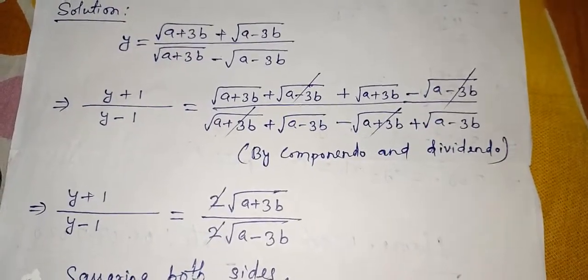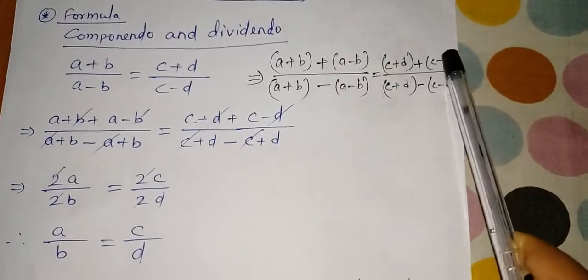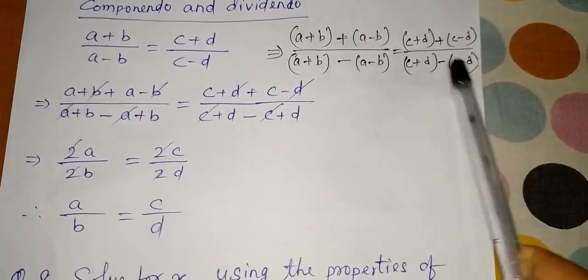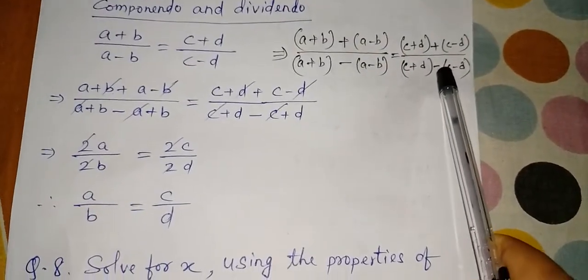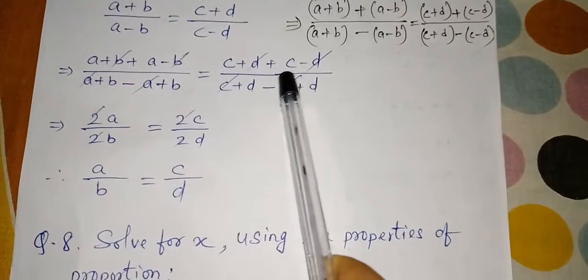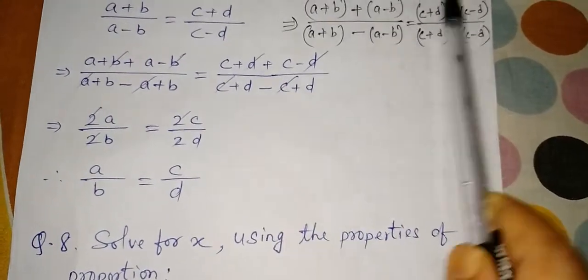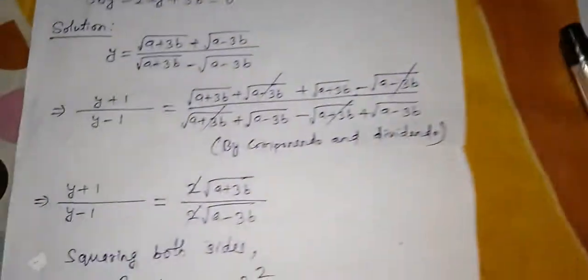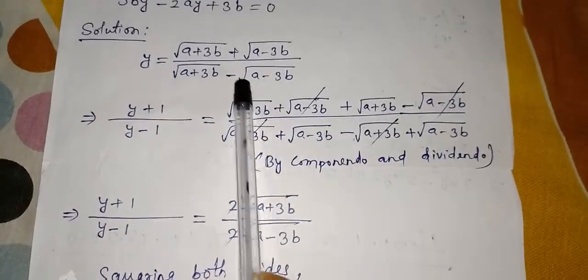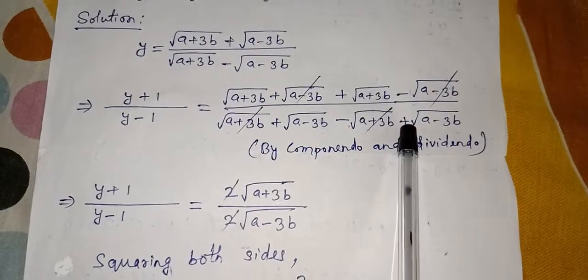Yesterday also I taught you in the formula that c minus d became c plus d here because we are opening the bracket with minus. So minus into minus becomes plus.